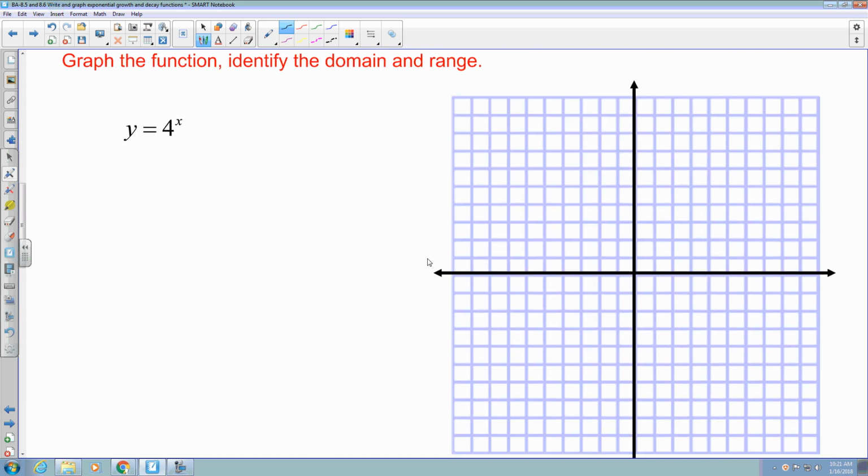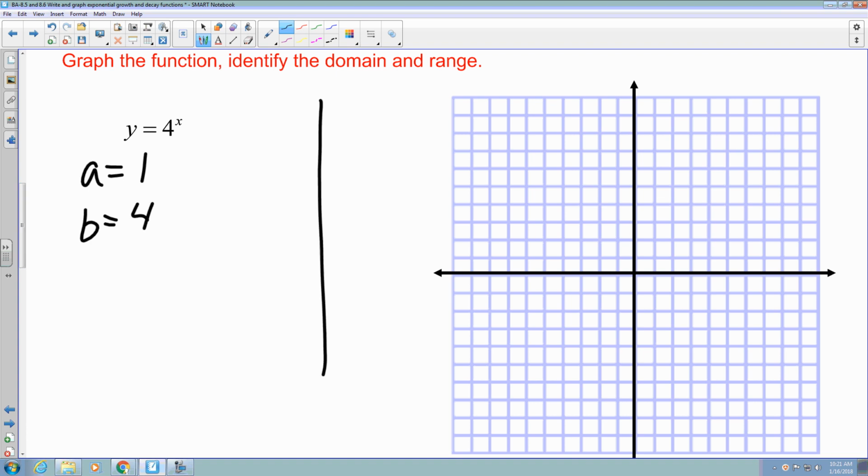So if we look at this example here, we have y equals 4 raised to the x power. We need to figure out what a equals and what b equals. From the general formula, a will be 1 in this case, b will be 4. So making our table, I make -2, -1, 0, 1, and 2. 0 with x goes with whatever a is, and so that's going to be 1.